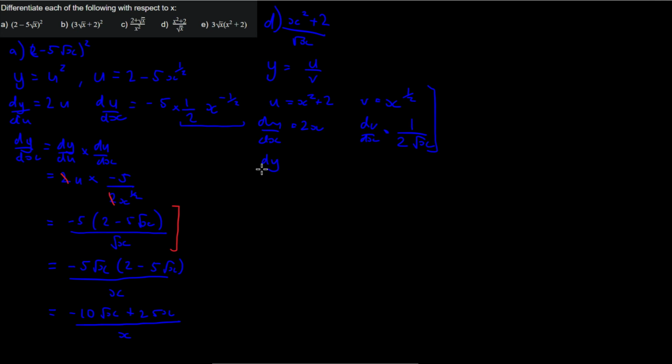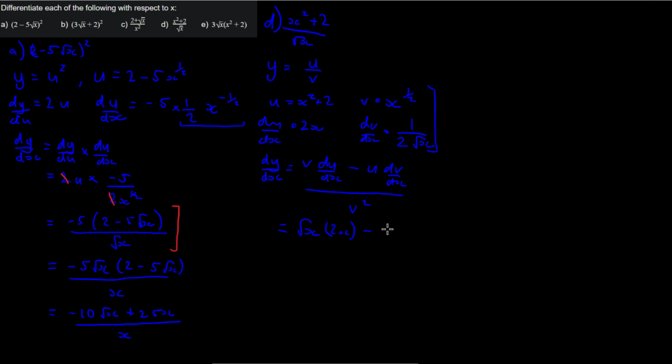So dy dx, which is what we're trying to do, we're trying to derive this equation, is equal to v du dx minus u dv dx all over v squared. What a great looking quotient rule. Oh, beautiful. Now let's sub some stuff in. v is the square root of x. du dx is 2x.